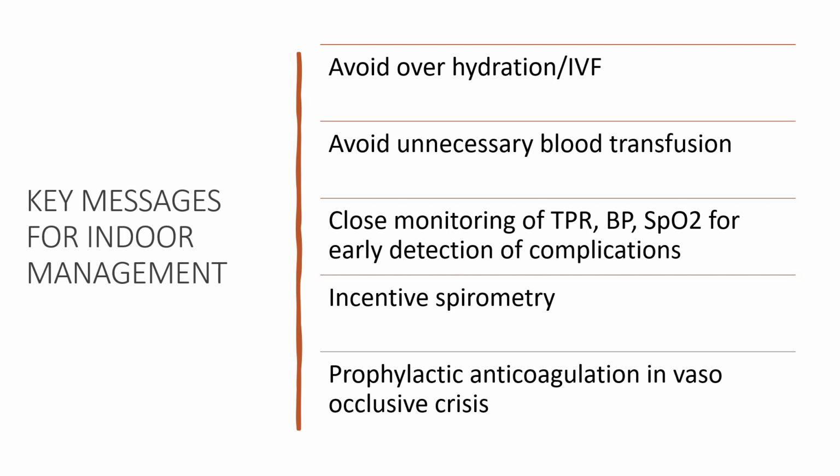So key messages for indoor management is avoid overhydration with IV fluids, avoid unnecessary blood transfusion, close monitoring of vitals to detect early detection of complications, incentive spirometry, and prophylactic anticoagulation in vaso-occlusive crisis.